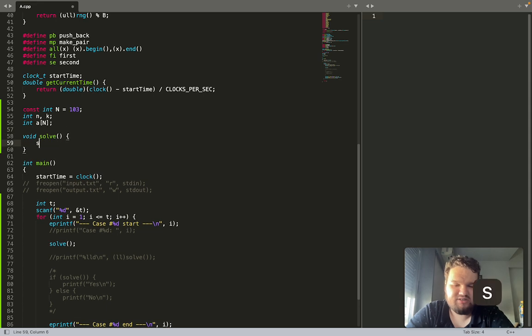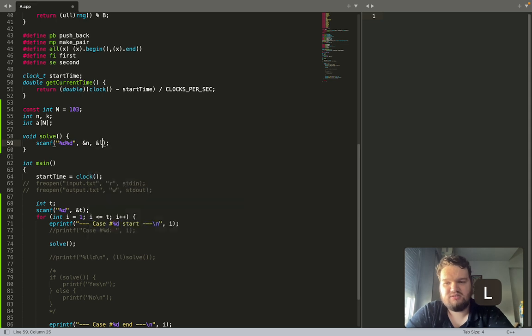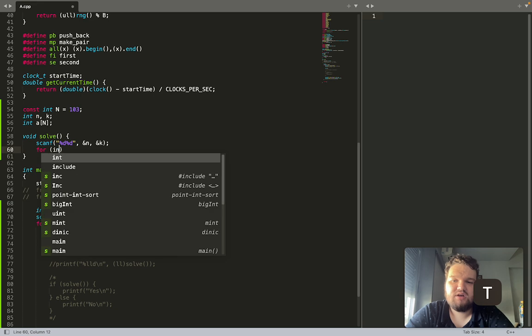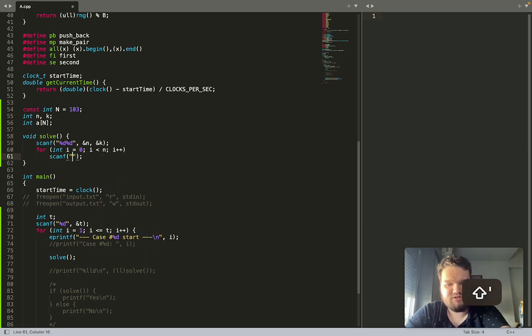So after we read the input, we calculate the absolute differences.